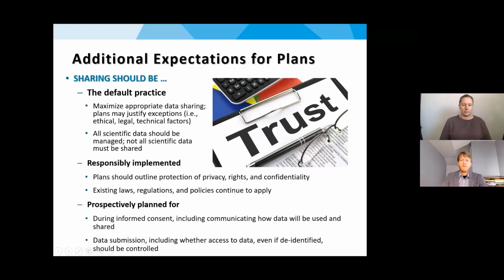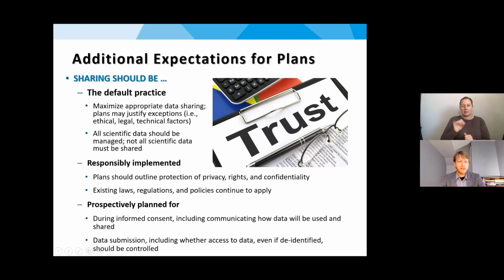There's also a number of additional expectations that I'd like to draw your attention to, especially because many of these represent some changes that were made from the draft policy to the final version, often in response to public comments that we received or input from other sources as well. First, I think you'll note that the policy requires only the submission of plans and compliance with those plans.